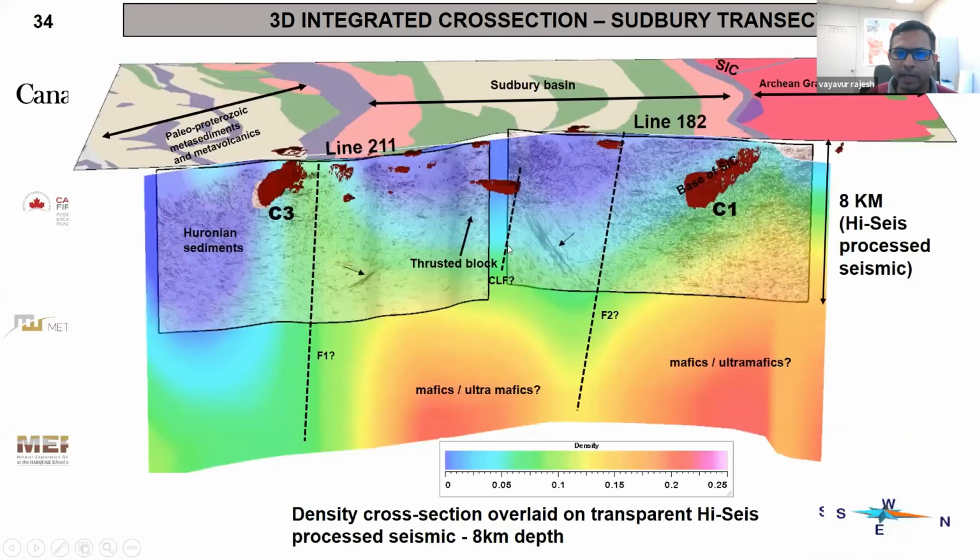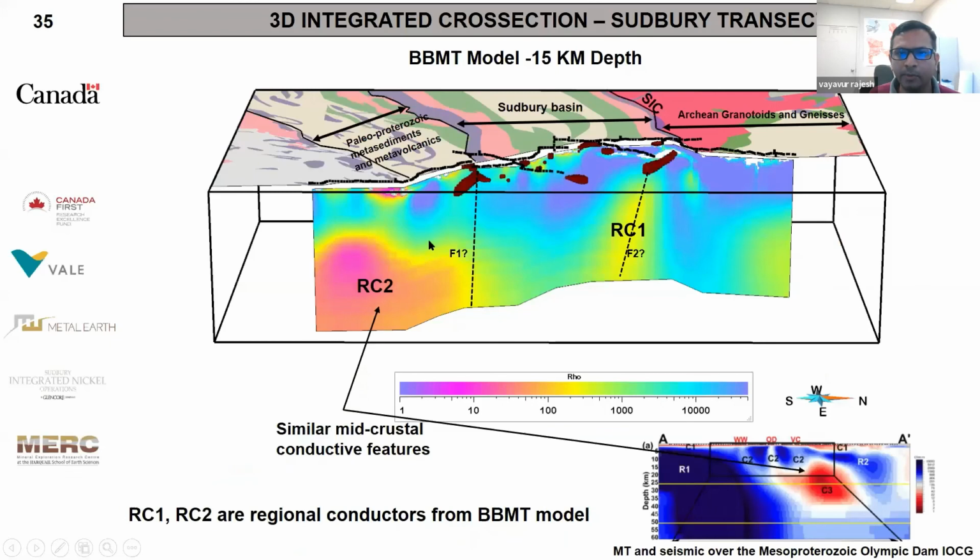So now we have established the deep-seated faults. Now we want to see if there is any correlation with the BBMT model, the broadband MT model. We inputted the broadband MT model into the study area, and you can see deep conductive features at the exact same location as the fault we interpreted. We can see similar features to IOCG Olympic Dam features here in the South Range, especially.